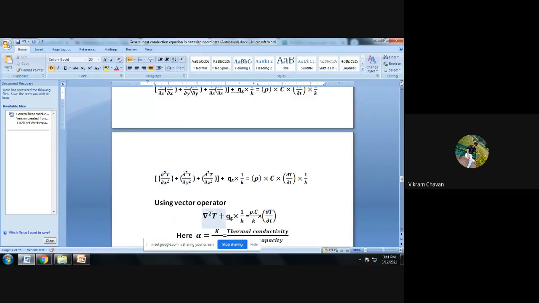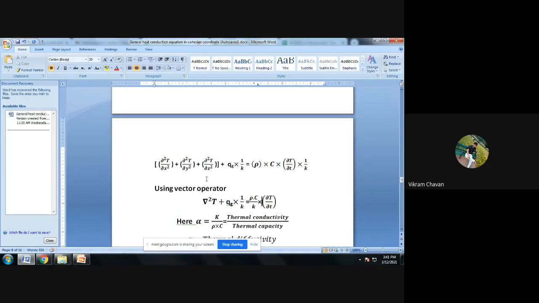So here we have del square T plus Q suffix G multiplied by 1 upon K, or Q suffix G divided by K, is equal to rho C divided by K multiplied by dabba T divided by dabba small t.